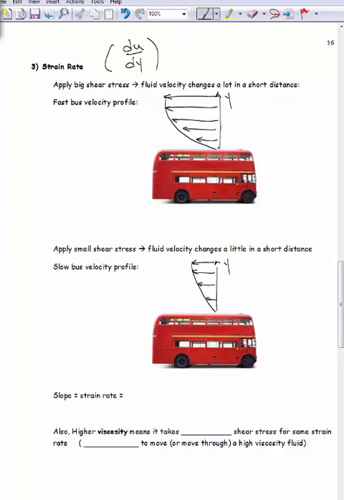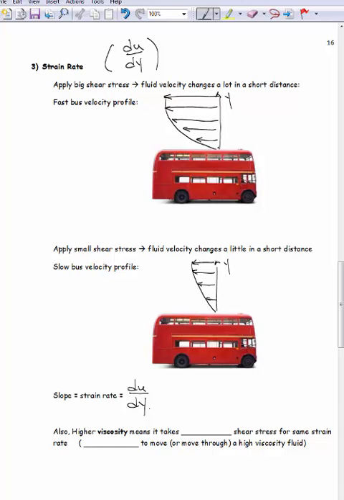Okay, our strain rate, see it's a derivative, and a derivative is a slope. So our strain rate again, du dy, is what we're talking about here. Okay, so this is going to be a little bit weird for you because in calculus, you always did dy dx.